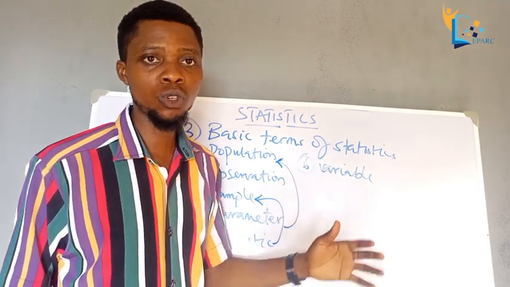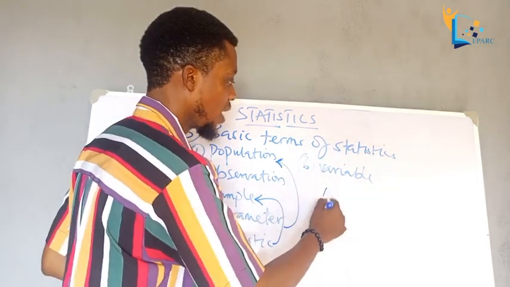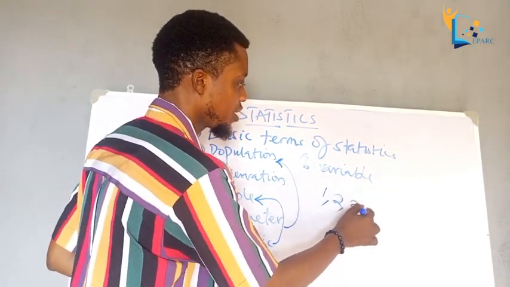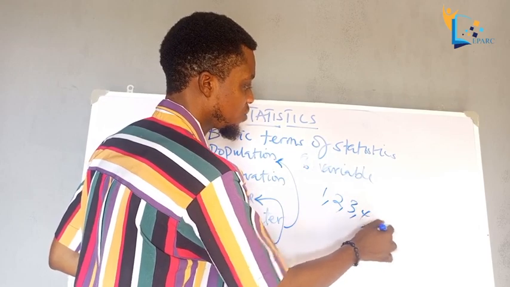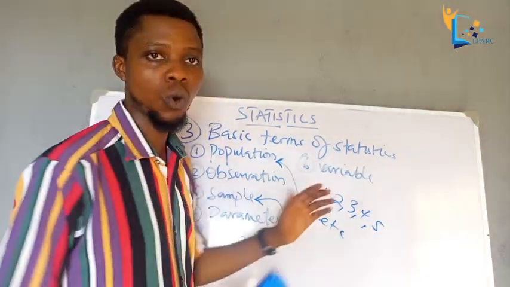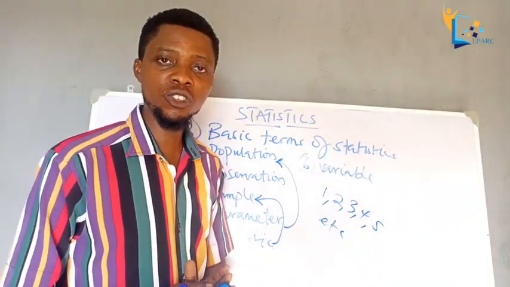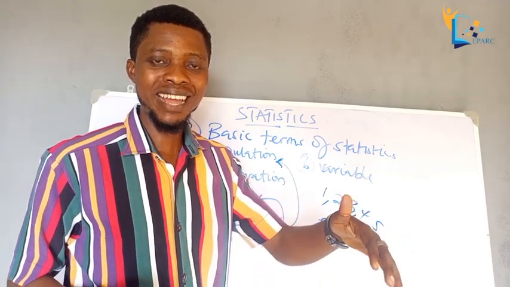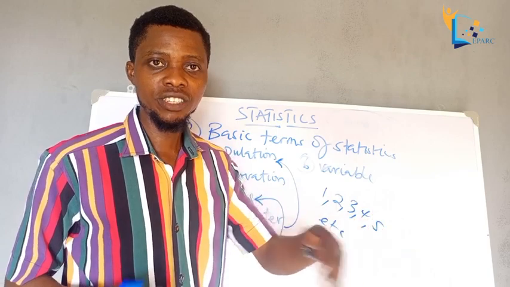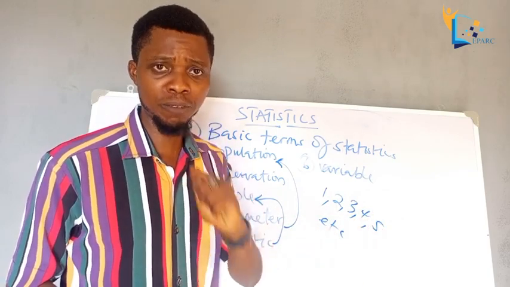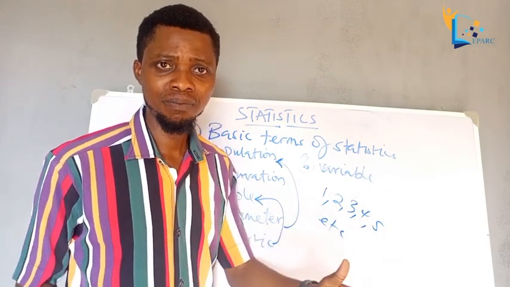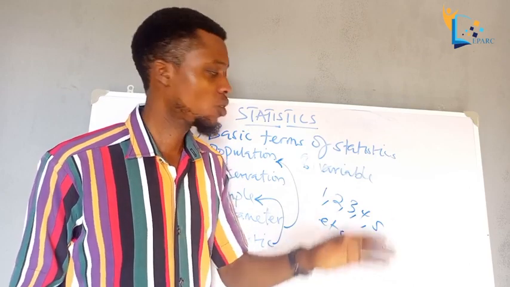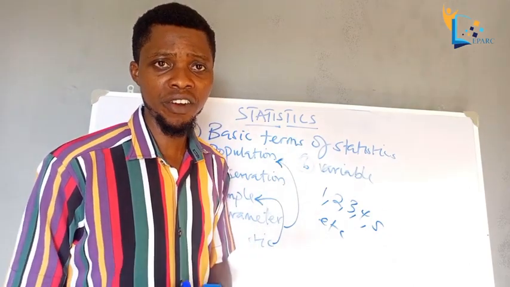Age is in whole numbers, 1, 2, 3, 4, 5, as the case may be. While continuous variables come in ranges. They are in measurements, e.g., temperature, height. These are examples of continuous variables.